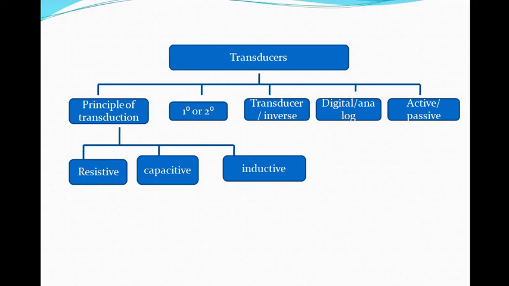They are not self-generating type, and a DC power supply or an audio frequency generator is used as the external source. A thermistor is an example of a passive transducer. So I hope we are clear with the classification of transducers.